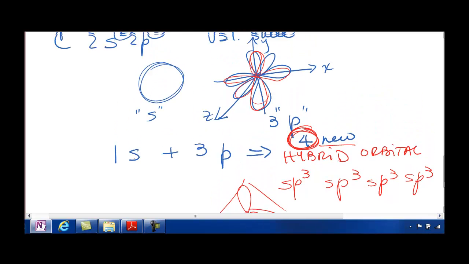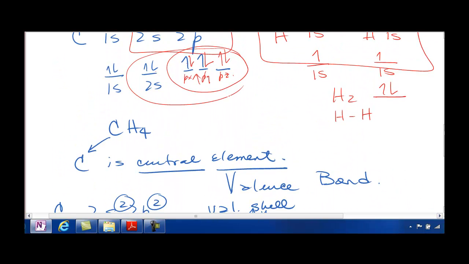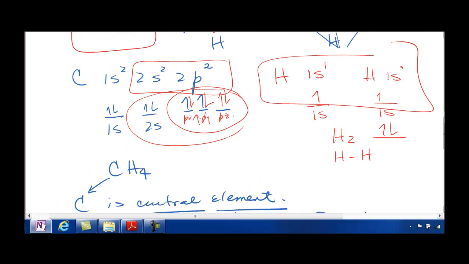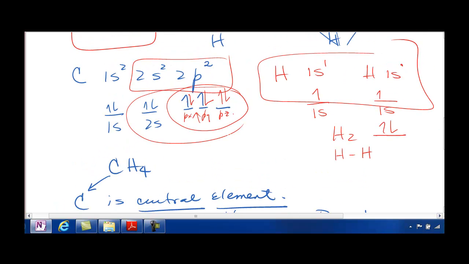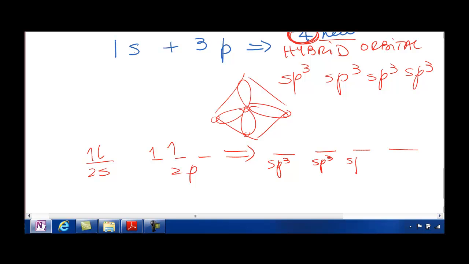Let's see what carbon would do. I'm going to rewrite this because it's a little high: 2s2, 2p2. Okay, so I have 2s with 2 electrons and my 2 p's with 2 more. And I am going to combine these, and I'm going to make 4 new orbitals, and each one of these is an sp3 orbital.